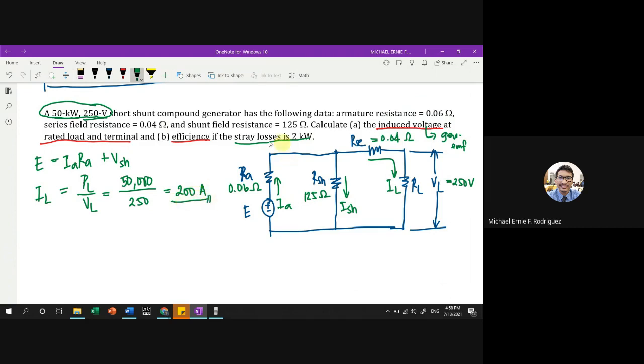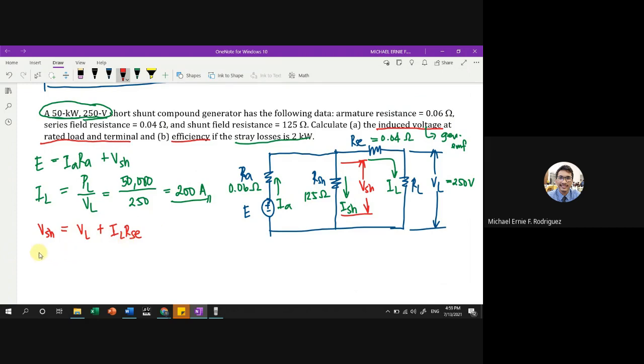And then the next, okay? Meron tayong VSH dito, di ba? Meron tayong voltahe dito. VSH. So, to solve for the VSH na nandito, okay? Ang formula natin dyan nakaraan, di ba? For VSH is VL plus IL times RSE. Since equal naman yung IL, yan na rin yung current for your RSE. So, kaya IL times RSE tayo. So, to solve for this, substitute lang natin.